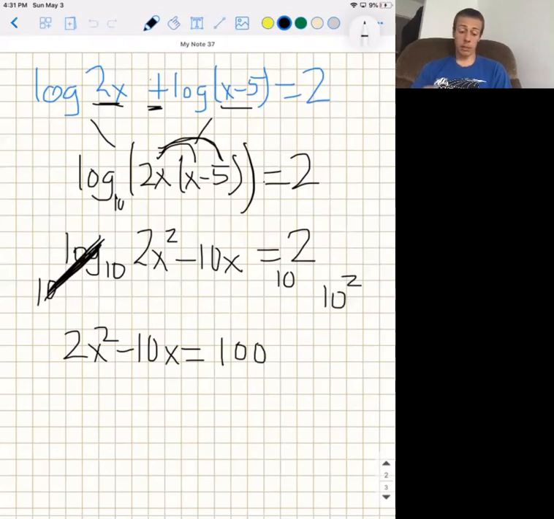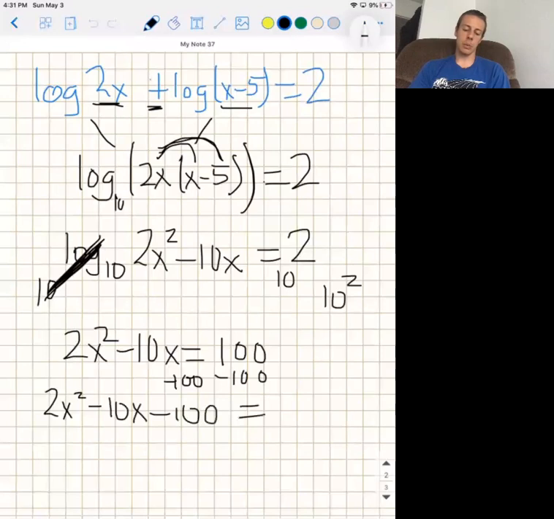Now we're in pretty good shape, because this is simply a quadratic. To solve it, I'll try to factor, so I'm going to set my equation equal to 0 by subtracting 100 from both sides: 2x squared minus 10x minus 100 equals 0.